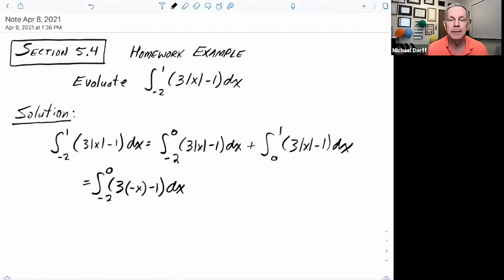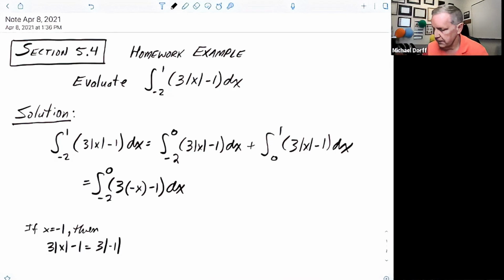You can check this by just picking a number. Let's say x is -1. If x were -1, then 3 times the absolute value of x minus 1 would be 3 times the absolute value of -1 minus 1, which would be 3 times 1 minus 1, which is 2.